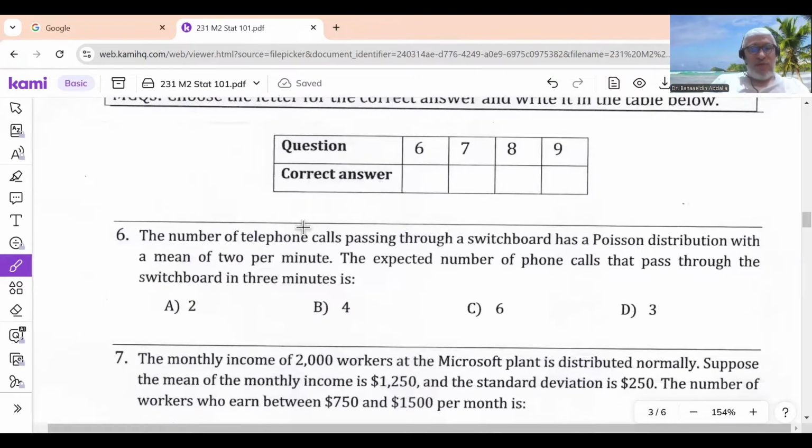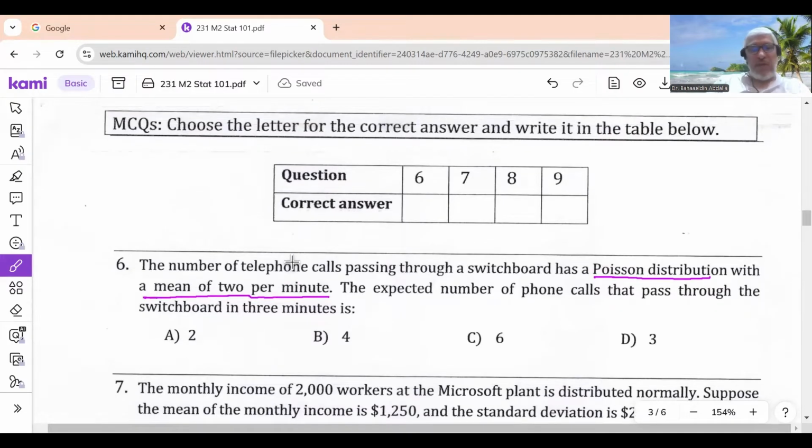The sixth multiple choice question: the number of telephone calls passing through a switchboard has a Poisson distribution. Okay, a second question about Poisson distribution with a mean of 2 per minute. Here the segment is minute and the average per segment is 2. So that's lambda. The expected number, which is also another word for the average or mean, of phone calls that pass through the switchboard in 3 minutes.